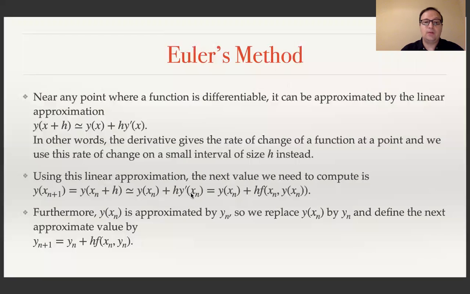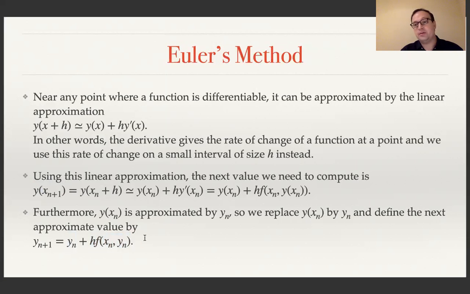And y prime of xn is equal to f of xn and y of xn by the ordinary differential equation. However, we don't have the value of y of xn, we just have the approximate value yn. So we make a further approximation, and we are going to approximate y of xn plus 1 by yn plus h times f of xn and yn.